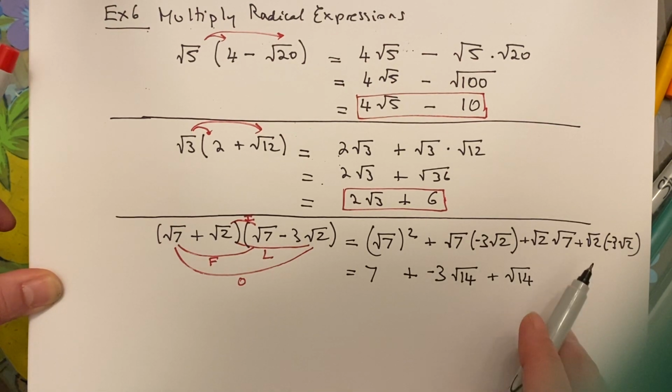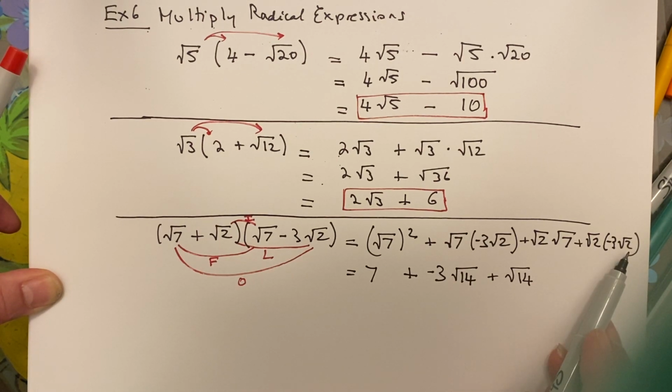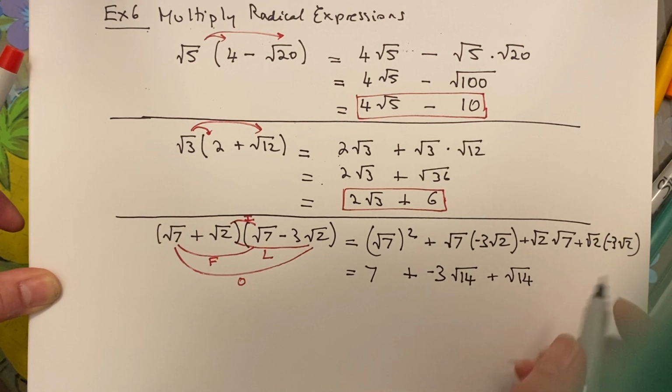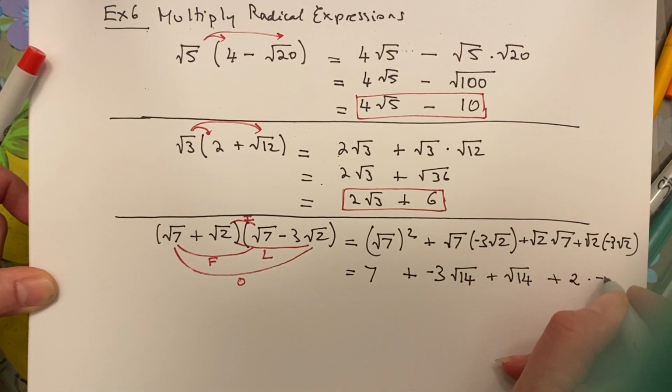And then last, I have the square root of 2 times negative 3 times the square root of 2. Well, the square root of 2 times the square root of 2 is going to give me the square root of 4. So from this, I'm going to get 2 times negative 3.